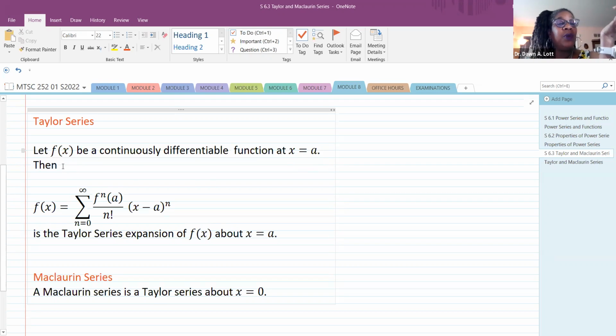Then you're able to write the function f of x as the sum n equals 0 to infinity of the nth derivative of the function evaluated at a over n factorial times x minus a to the n. This is called the Taylor series expansion of the function f of x about the point x equals a. So you have some value a that goes in there.